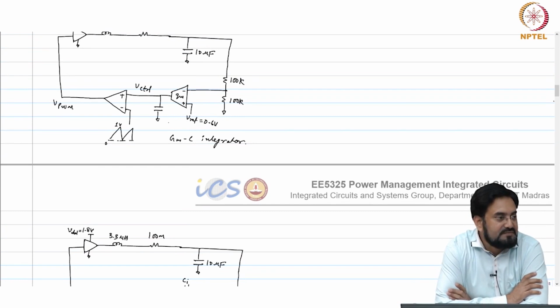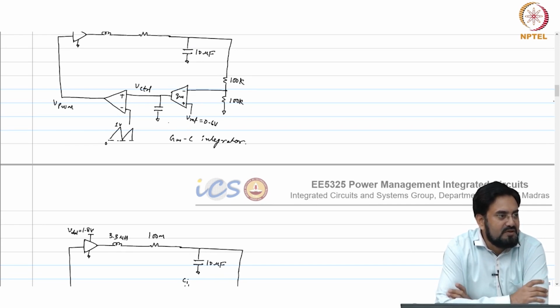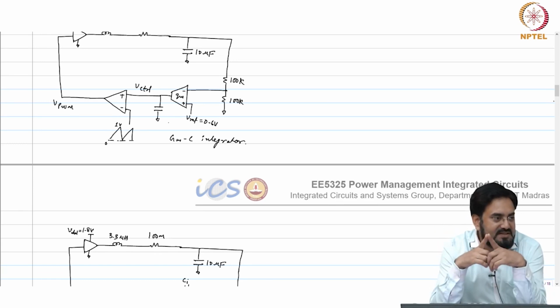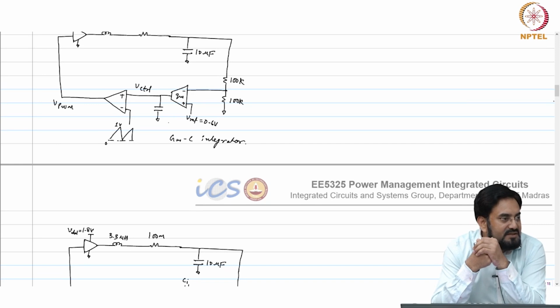What about offset? We talked about this: you need a large GM because any mismatch will introduce more input referred offset, okay, because if you have a differential stage, your current is nothing but GM times V in.